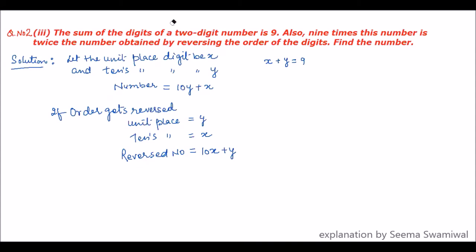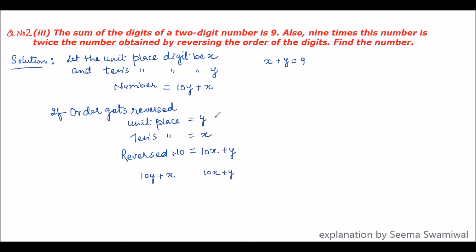On the left hand side I am taking the original number and on the right hand side I am taking the reverse number. Now you want to put an equal sign in between.